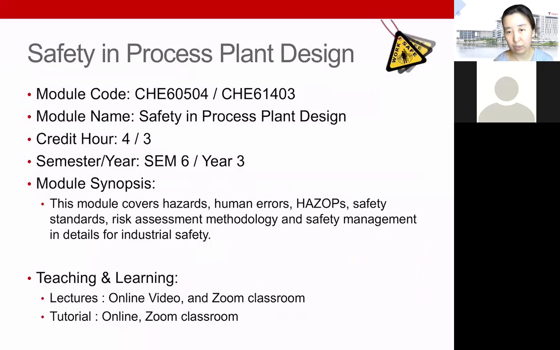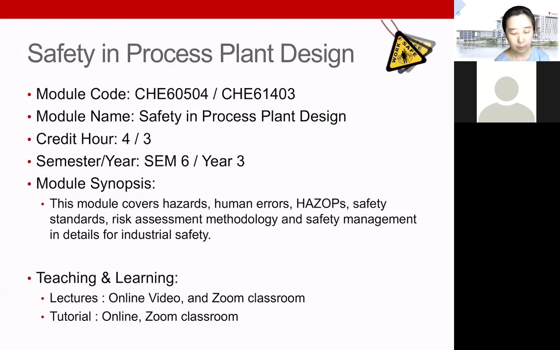So basically, what is this module about? This module talks about hazards, human error, and why we need to study safety when it comes to design. We will focus more on process safety instead of workplace safety, and we will go through the differences between process safety and workplace safety.